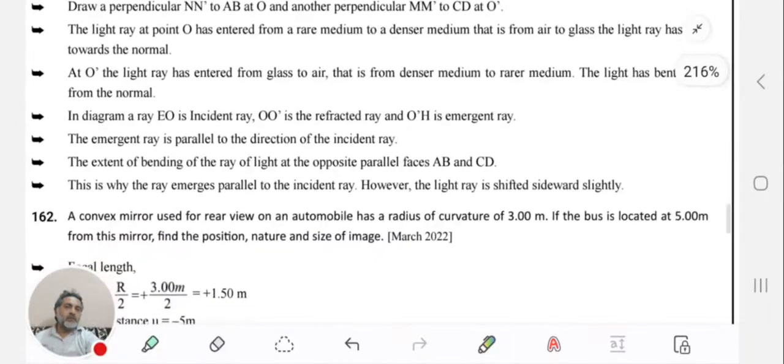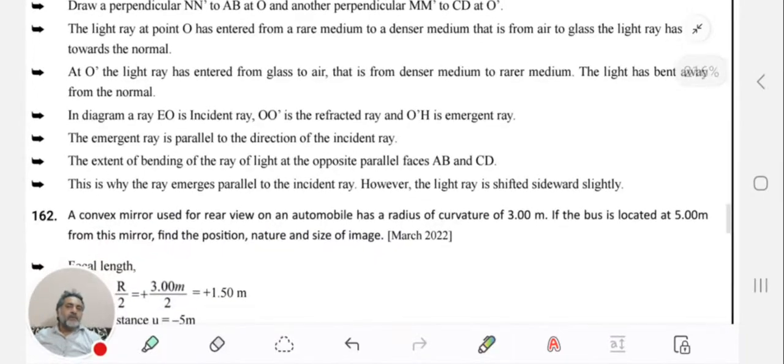The light ray at point O has entered from a rare medium to a denser medium, that is from air to glass. The light has bent towards the normal. At O dash the light ray has entered from glass to air, that is from denser medium to rarer medium. The light has bent away from the normal.